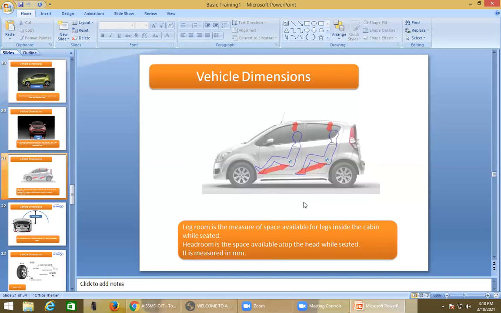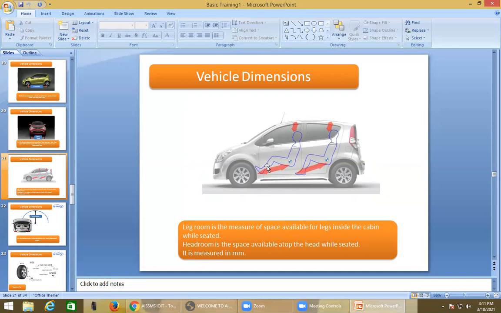Then vehicle dimension, that is, what is leg room and head room. Look at the picture again. Leg room is the measure of space available for legs inside the cabin while seated. So look at this picture. These red arrows represent the leg room, front row and the rear row, that is, the front row and the second row sitting.